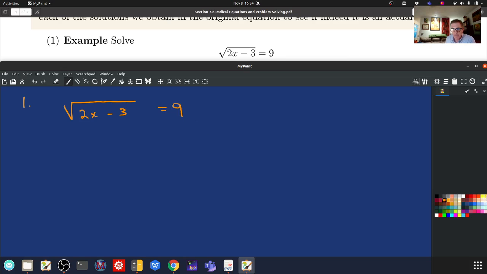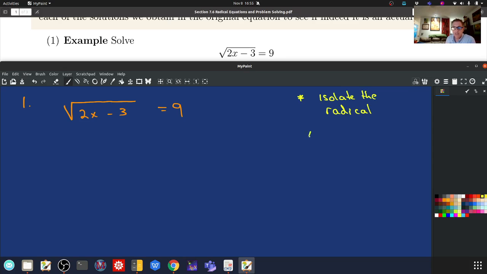So the procedure here is we want to isolate the radical part. And in this case, by isolate, we want it on one side. It needs to be on one side. And that's already given to us here.